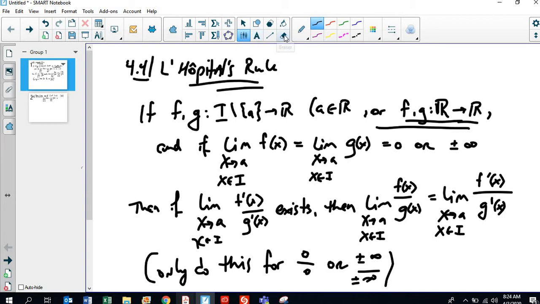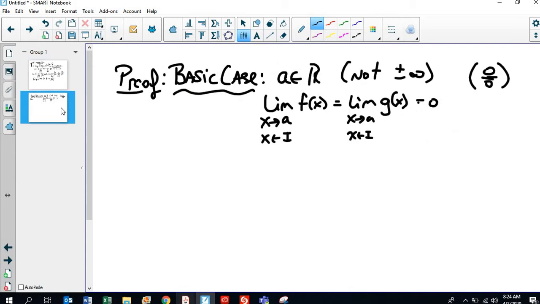So how do we write that? a is an extended real number. Like that. If a is a real number, then you can write it like this. If a is an extended real number, then you would have it like this. I hope that's not too confusing. What I'm saying is that I'm doing the most basic case here, and the proof process is the same regardless.